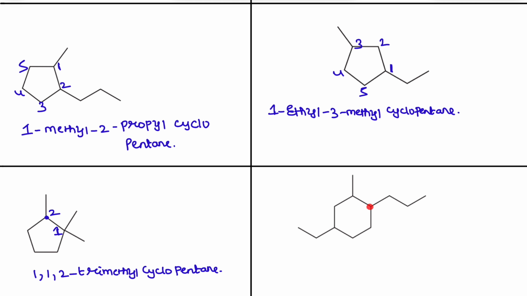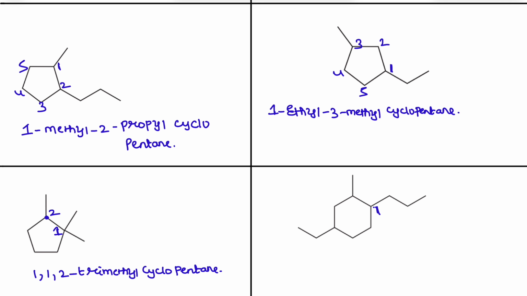Next one, if you start from here, it becomes 1 2 4, or 1 2 5 from the other side. Definitely 1 2 4 is better. If you start from this side, it becomes 1 2 5. But straight away you can eliminate, because if you start from here, it becomes 1 3. 1 2 is definitely better than 1 3.